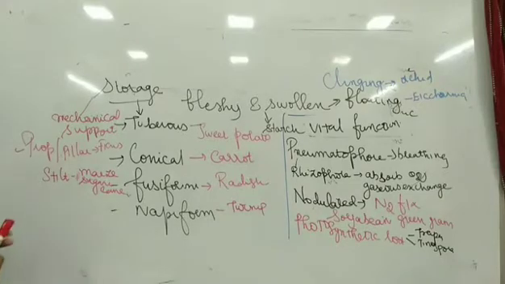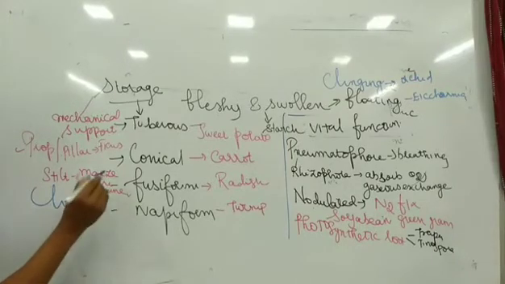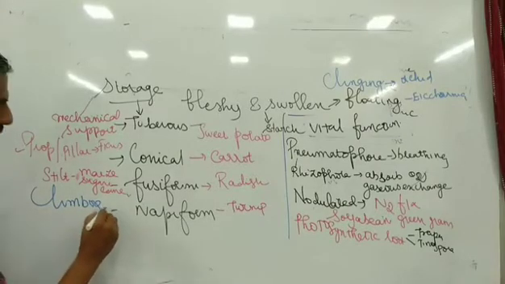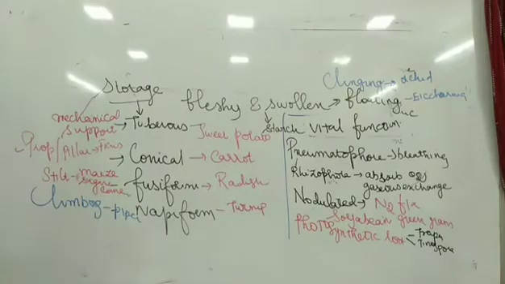Another root that gives mechanical support is the climbing root, for the climbing purpose. This kind of root is mainly present in Piper, the betel plant. Piper climbs with these roots.